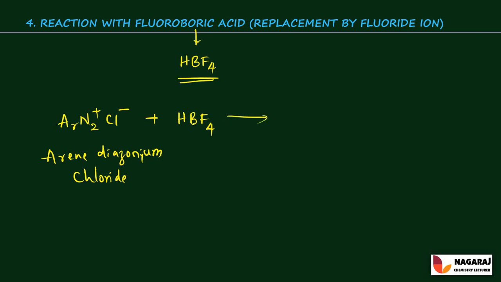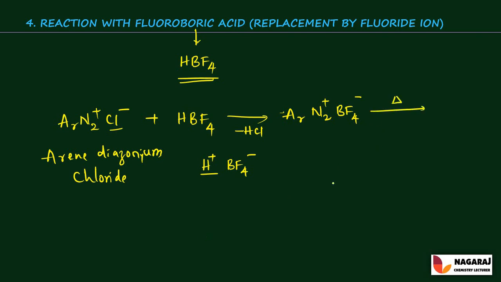Here the halogen, that is Cl-, is replaced by the negative part of the fluoroboric acid. The acid splits into H+ and BF4-. H combines with the Cl, so HCl, hydrochloric acid, is eliminated. It gives an intermediate product, ArN2+ BF4-, right?